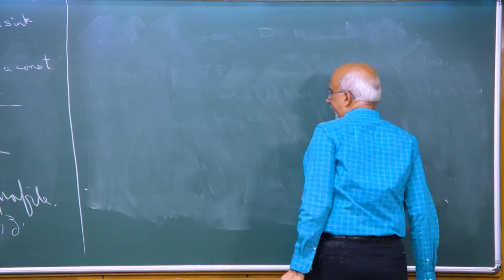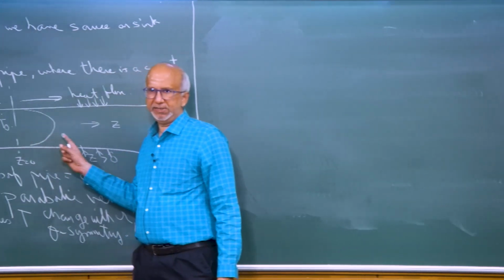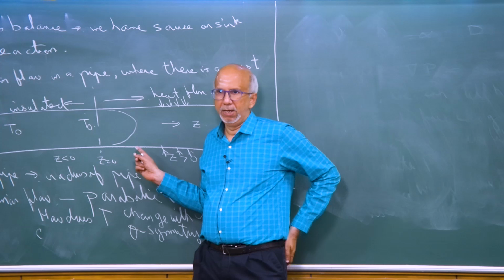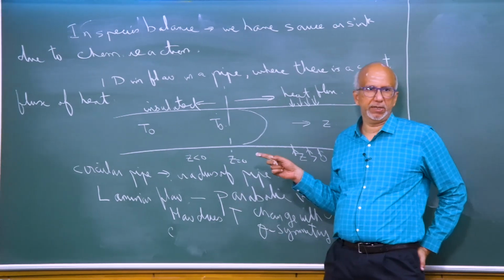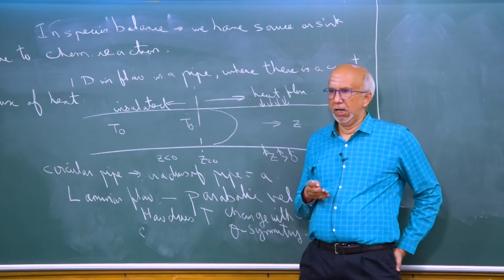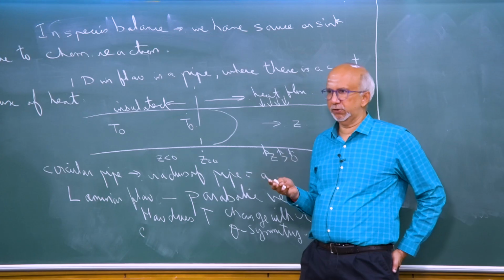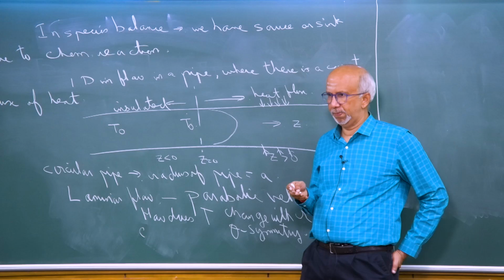So, the first thing you have to understand is that when the temperature is increasing, the physical properties of the fluid, like viscosity, are going to change. For example, viscosity is a function of temperature; the more the temperature, the less the viscosity.